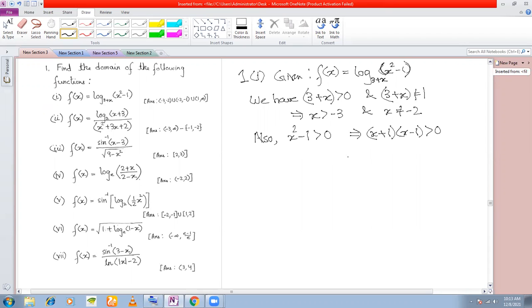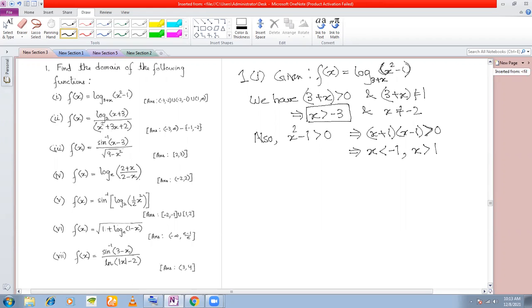From the method of intervals, you have a greater than sign here and a product of two factors. If you put x plus 1 equal to 0, you get x is equal to minus 1. If you put x minus 1 equal to 0, you get x is equal to 1. So the lower one is minus 1. Then because you have a greater than sign, x must be less than minus 1 and x must be greater than 1. So you have 4 conditions here.